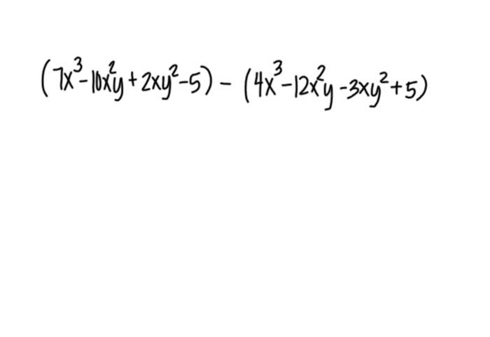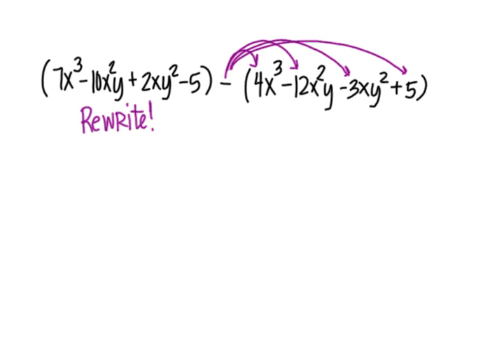Remember with this one, the first thing that you need to do is rewrite it. We're going to take this negative and change every sign in the second set of parentheses. So this would be a negative 4x cubed plus 12x squared y plus 3xy squared minus 5.